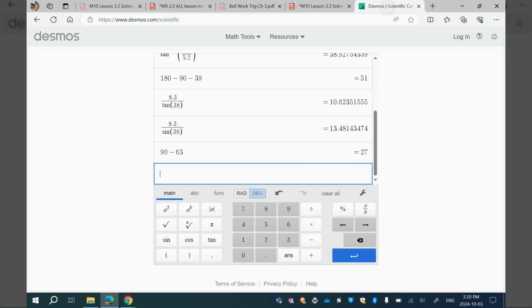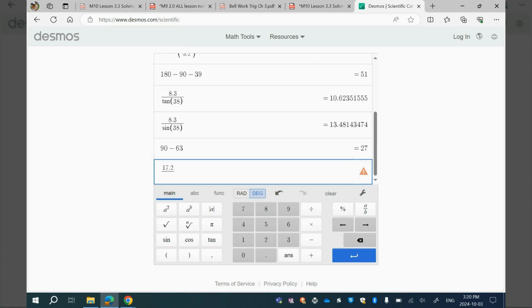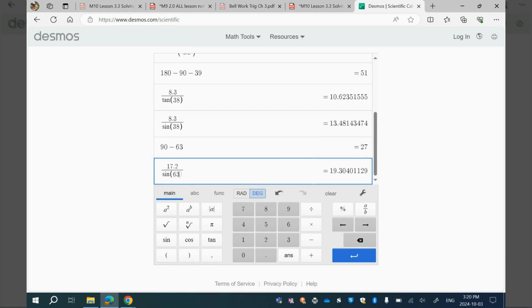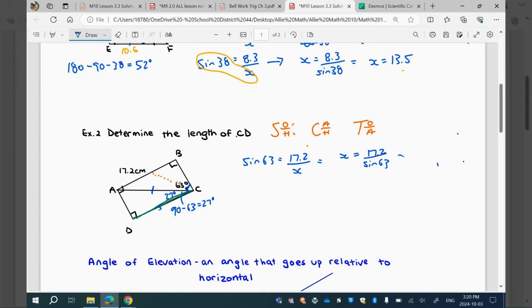Let's do it in our calculator. 17.2 divided by sine 63 gives 19.3. So x equals 19.3, our hypotenuse. And yes, that makes sense. It's bigger than 17.2.